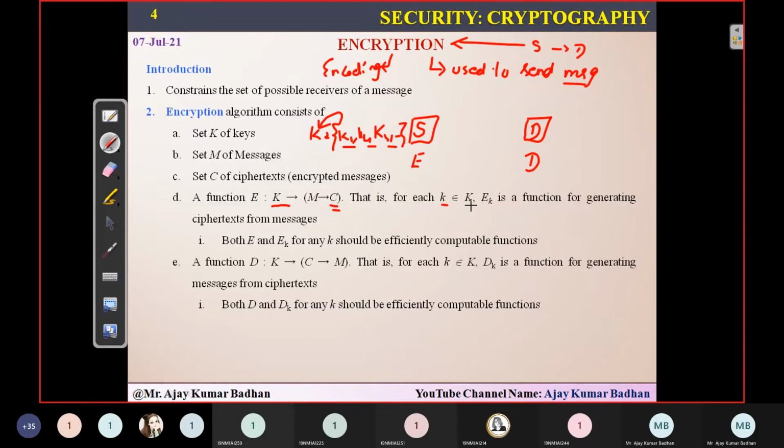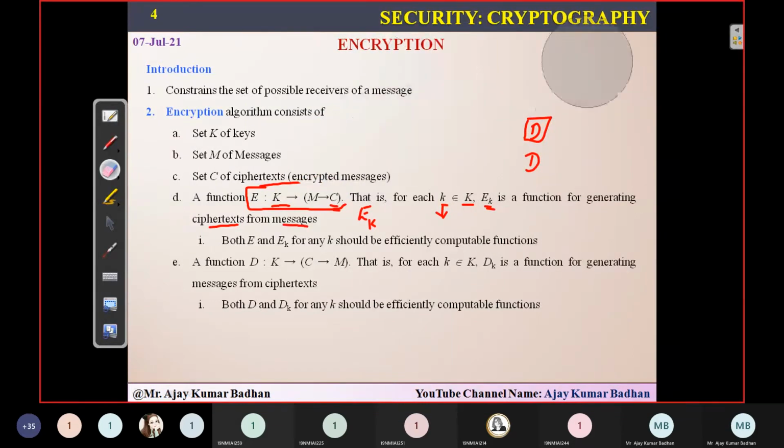Now here small k belongs to capital K. I think you might have understood what small k is: it is one of the keys from this set. And E_k is a function, this whole function I'm showing here. Using this key, we use this function and get a new ciphertext. E_k is a function for generating ciphertext for the normal message you have typed in your system.